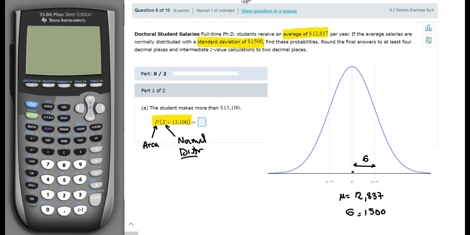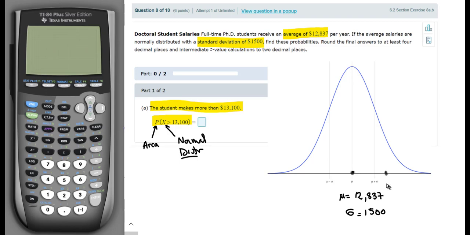Now reading through the question again, we want to figure out more than 13,100. So how can we do that? If this is the middle, 12,837, then 13,100 should be somewhere on the right side.